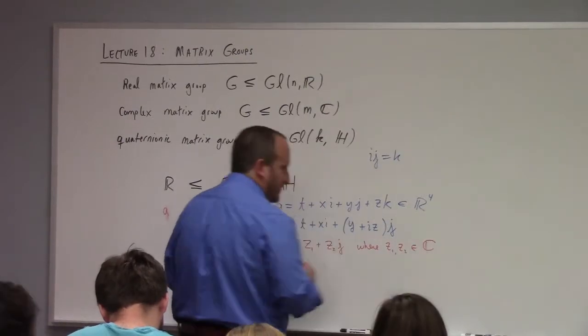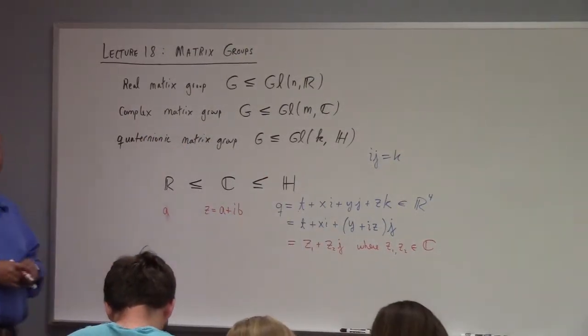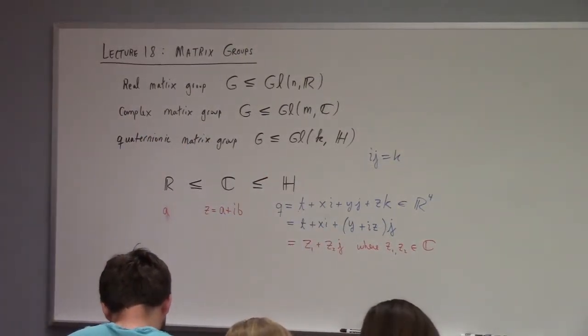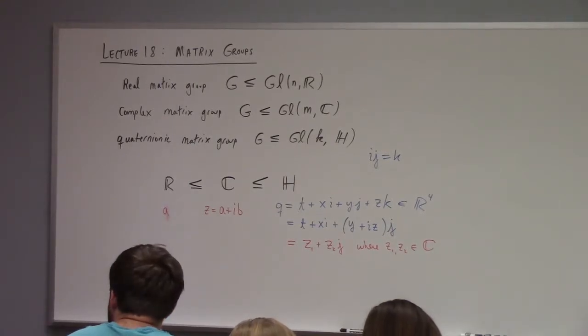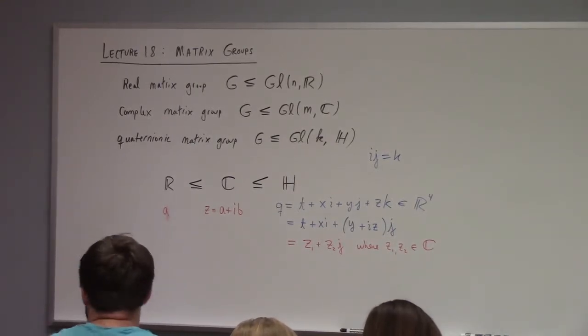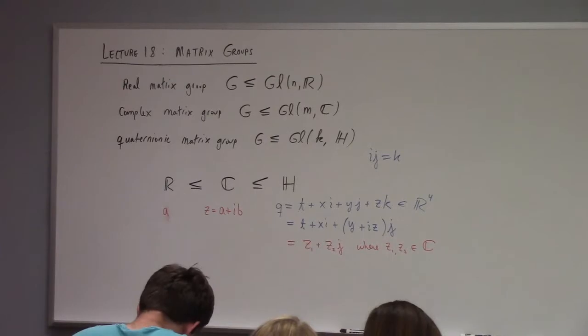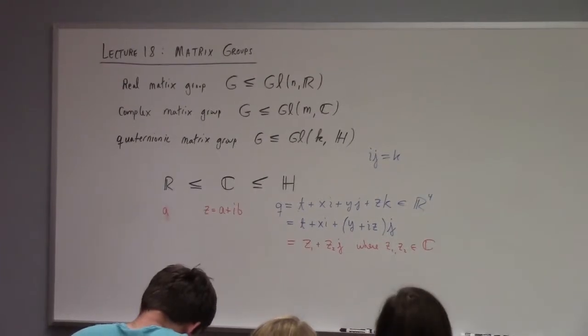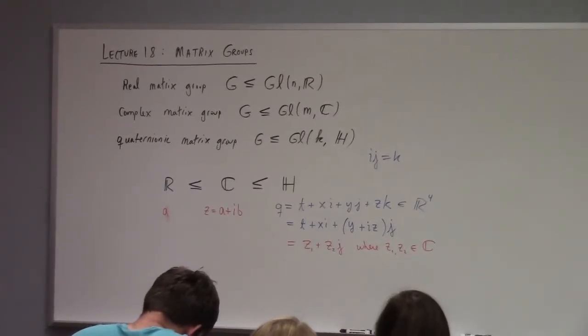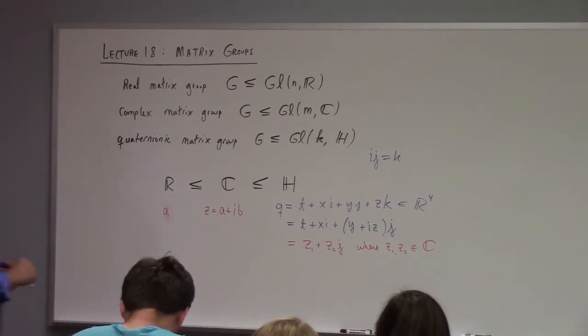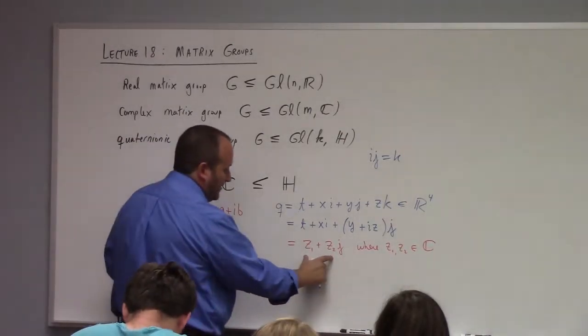Elements of the complex numbers, if we understand things of the form a plus bi as being complex numbers in the quaternions. So what I'm trying to say is there's a natural identification of the complex numbers sitting inside the quaternions, right? And in fact, we can look at any quaternion as a pair of complex numbers.